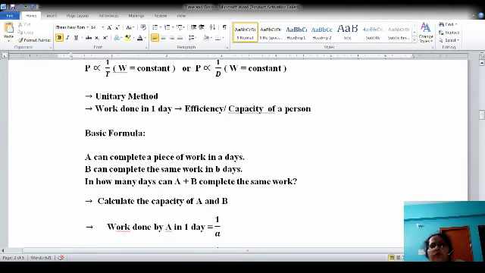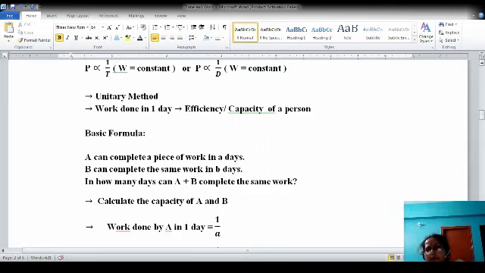So you see, A can complete a work in small a days, so work done by A in one day is obviously 1 by a, because we take the piece of work as a whole, 1. So work done by A in one day is 1 by a. Similarly, work done by B in one day will be 1 by b.